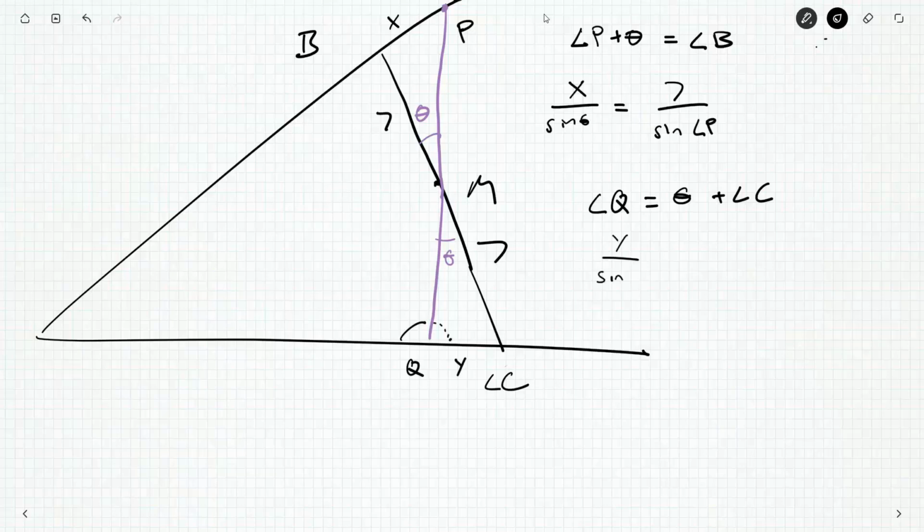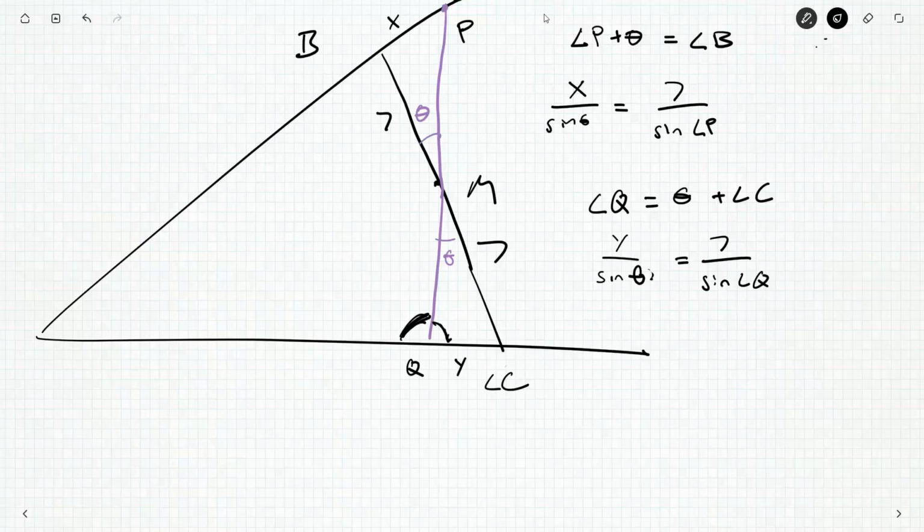Y over sine theta is equal to 7 over sine angle at Q, because sine is the same whether it's the angle or its supplement. The supplement is the one that adds up to 180. So these are all nice and true.